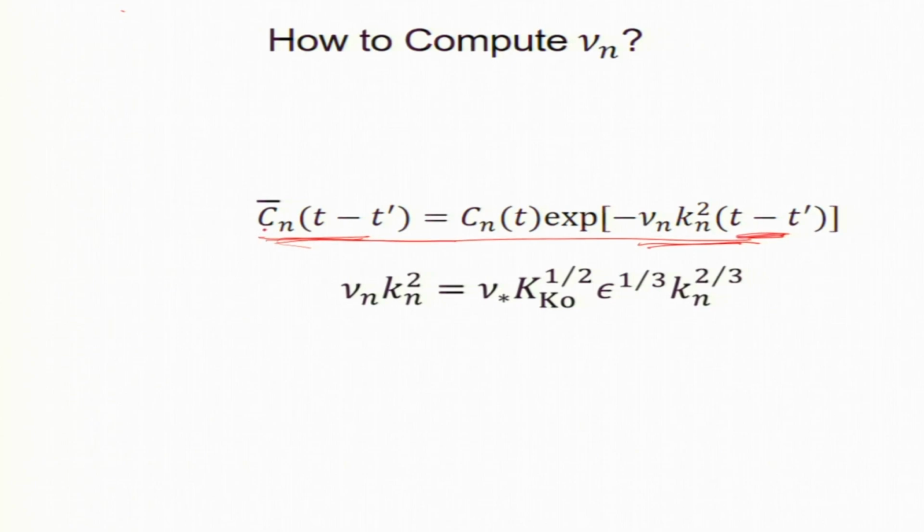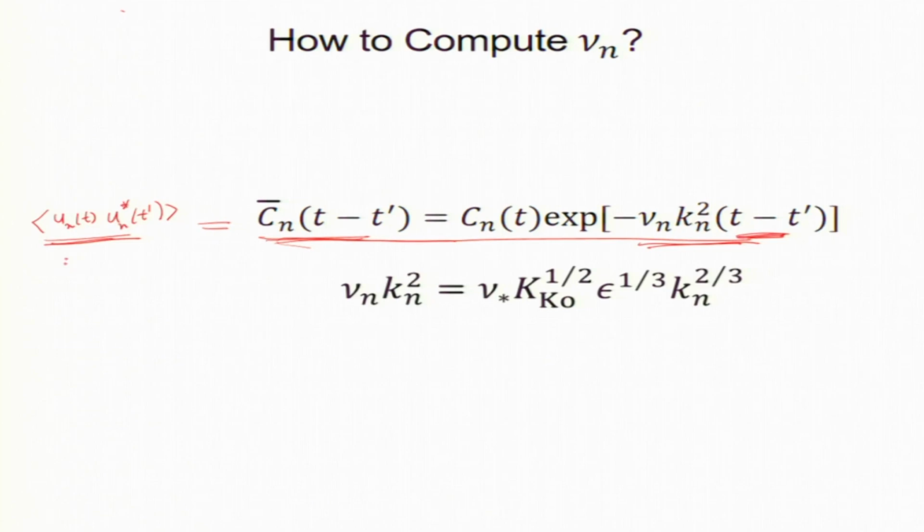What is C bar? It is u n at time t times u n star at t prime, where t and t prime are shifted. I can compute this in numerical simulations. I get a time series of u n, and I just shift it and compute this correlation function.